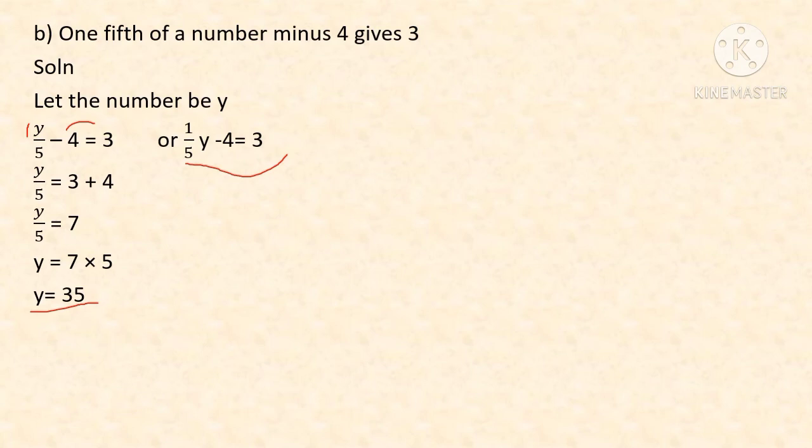Then add it. y by 5 equal to 7. y is equal to 7 into 5. Because 5 is in the denominator. When you bring to the right hand side, it comes in the numerator. So 7 5s are 35. So what is the answer? y is equal to 35. Understood, children?